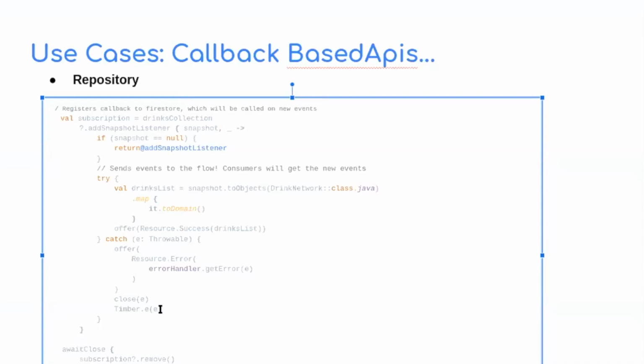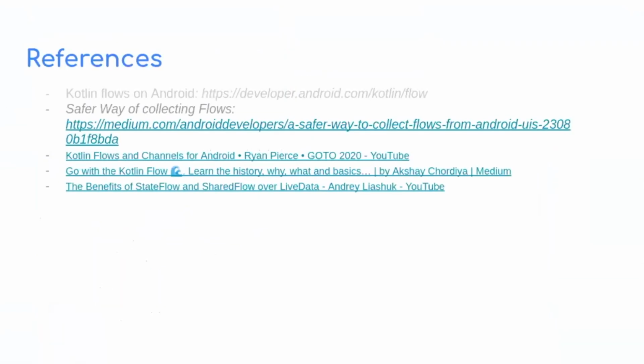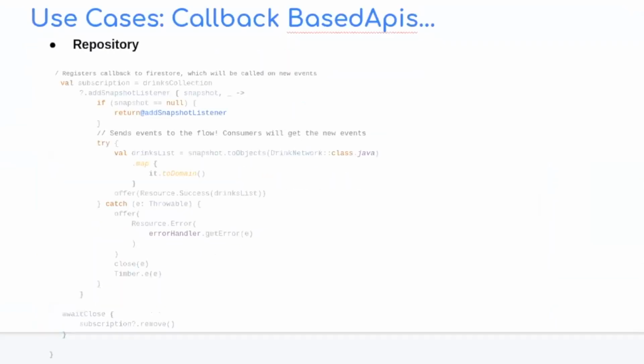The await clause removes the subscription when the endpoint stops, when our Firebase stops sending data, or when no one else is listening to the data being propagated by our callback flow.